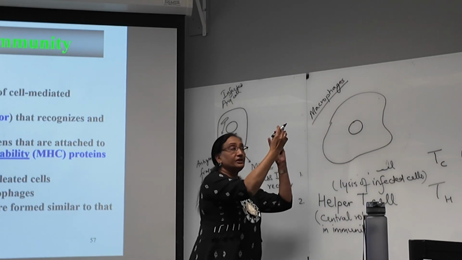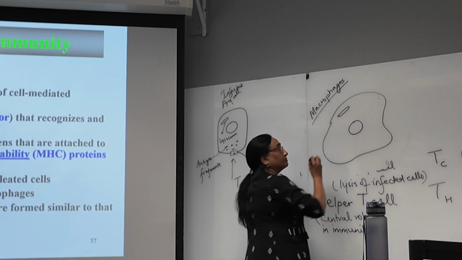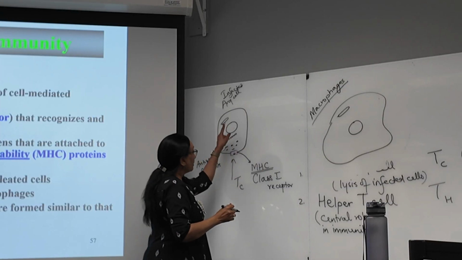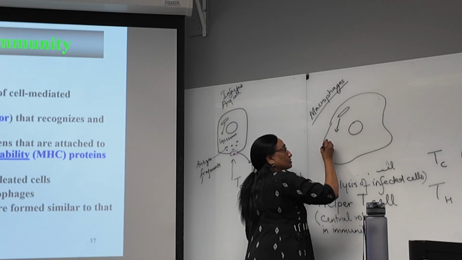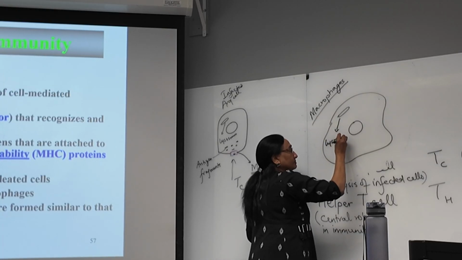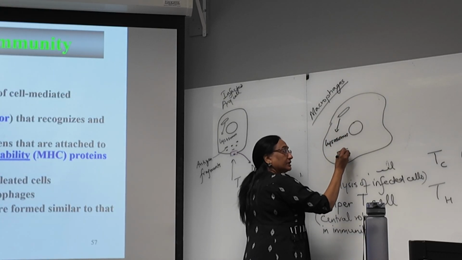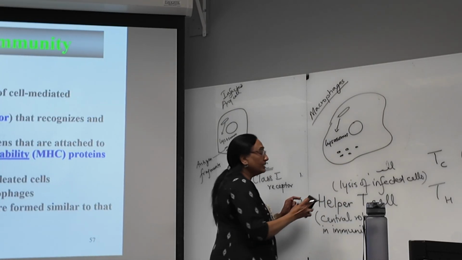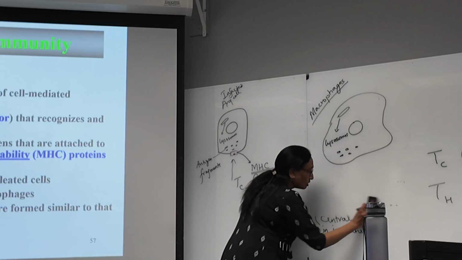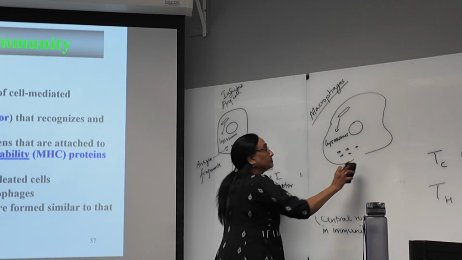Let's say this macrophage has phagocytosed a bacteria. The same process will happen. The antigen will be destroyed by the lysosomal enzymes and converted into tiny fragments. These fragments will again have to be exposed on the surface of the macrophage.